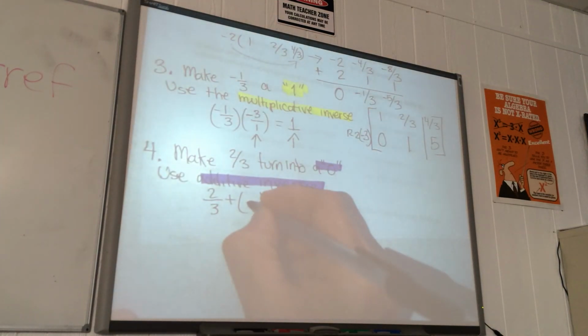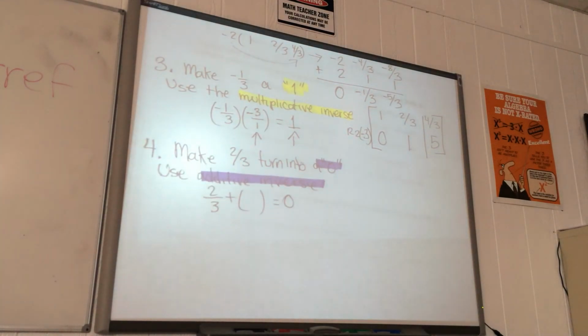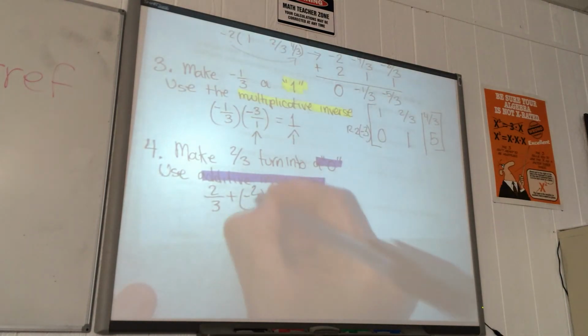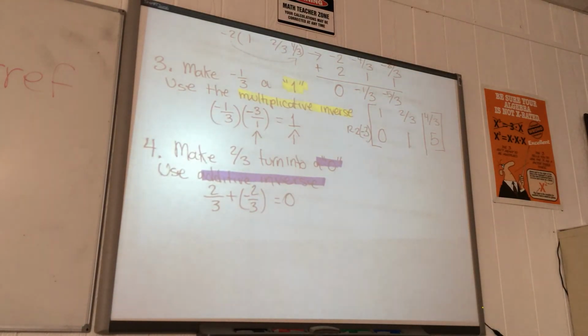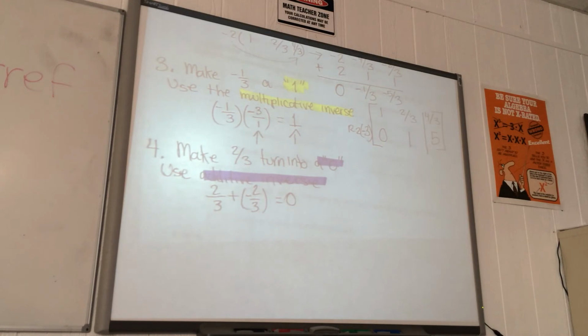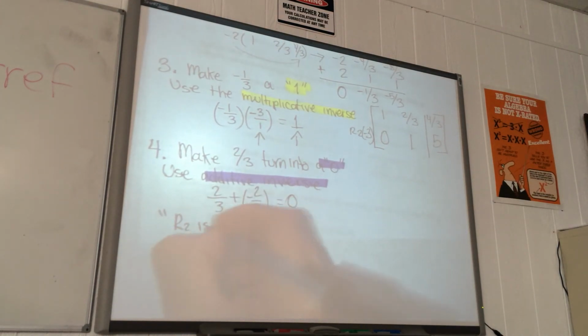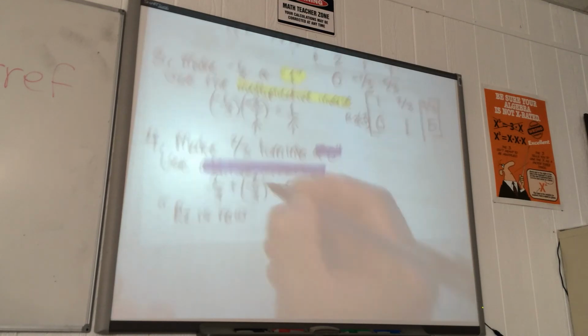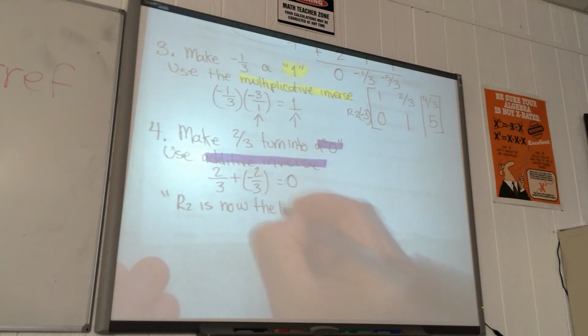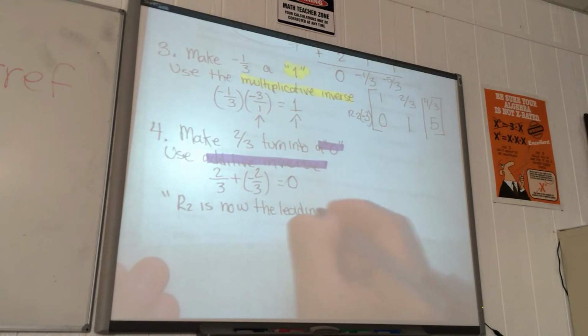Okay? All right, so what do we need to add to 2/3 to make a 0? Negative 2/3, the opposite of 2/3. So one thing to consider is that R2 is now the leading row. Why?